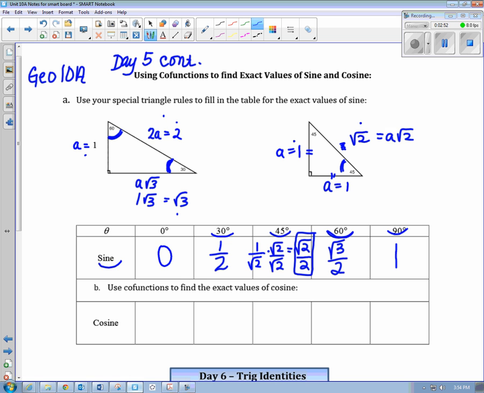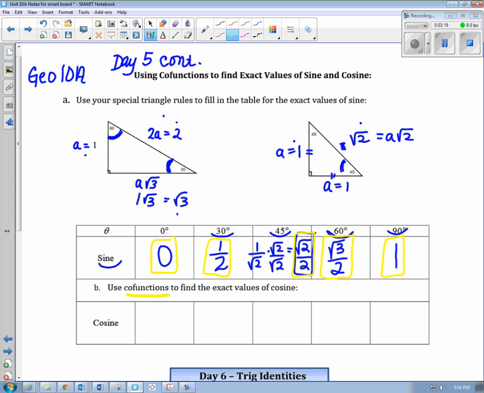Now that we have those values of 0 for the sine of 0, 1/2 for the sine of 30, radical 2 over 2 for the sine of 45, radical 3 over 2 for the sine of 60, and 1 for the sine of 90, they're asking us to use our rule for cofunctions to fill in the cosine of all of these angles.